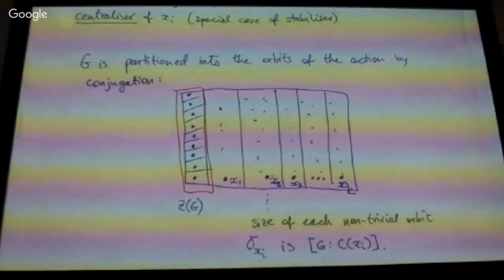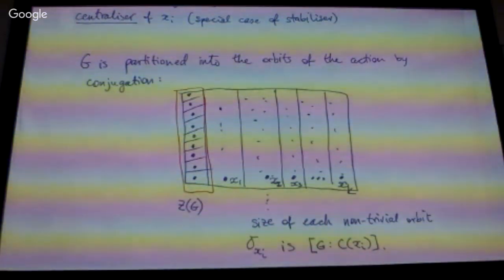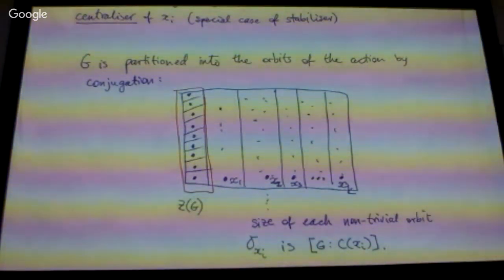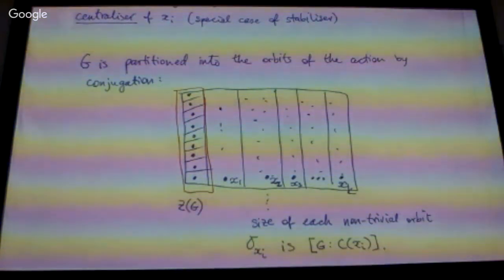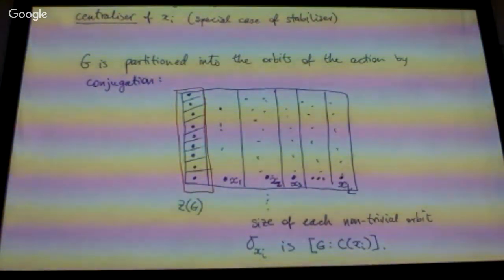And that, again, we proved in general, that the size of each orbit is the index of the stabilizer of that element. So it's not only true for this particular action, but for any action.